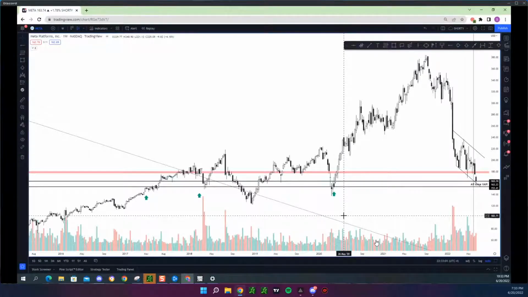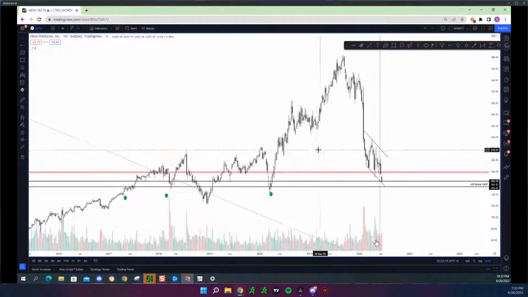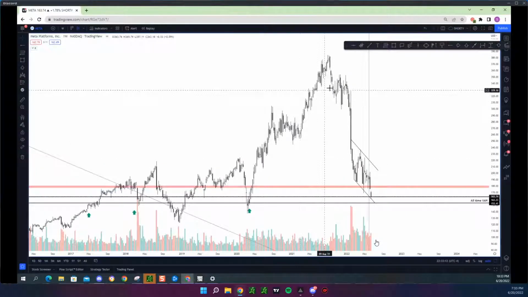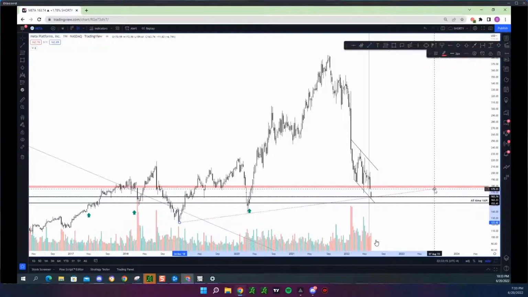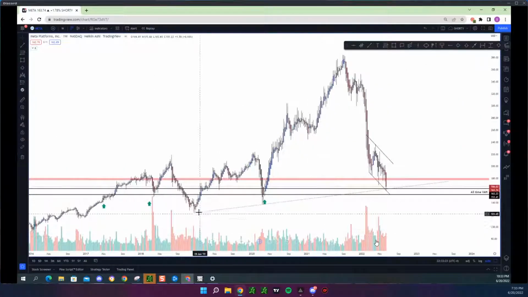But does anyone see any interesting pattern here on the weekly? Could that be a head and shoulders? If I was to look at this, like right here, probably get a bounce here, and then we might get another shoulder.